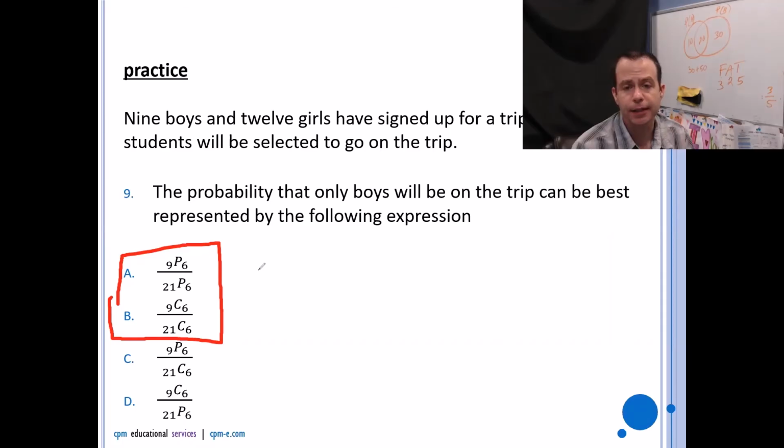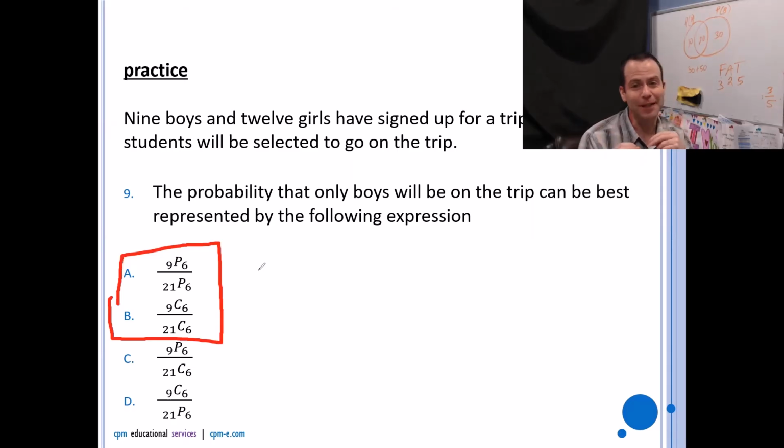What you need to see here is, well, I guess you can't see until you actually do it, but if you put both of these in your calculator, they will actually render the same answer. So that's why I'm saying this question directly tests, do you know whether this is a permutation or a combination? Now, do you? That's the next question.